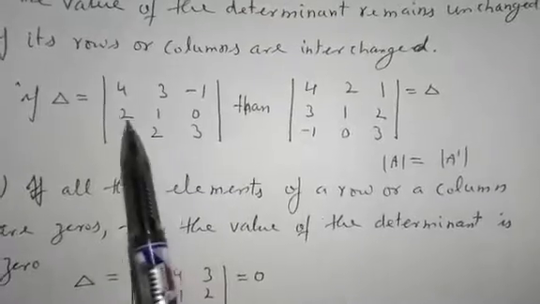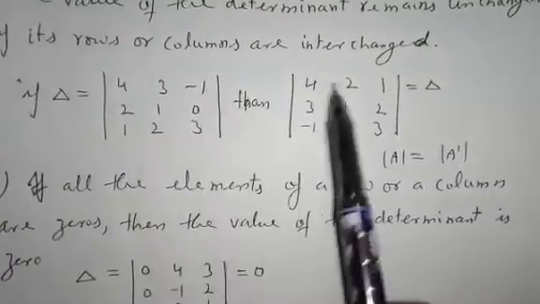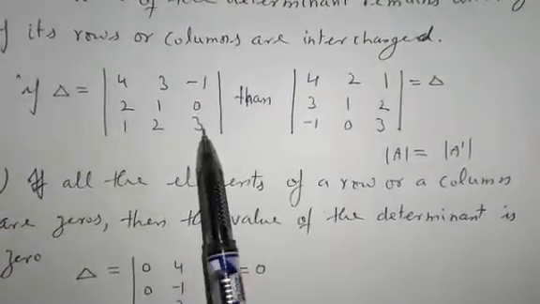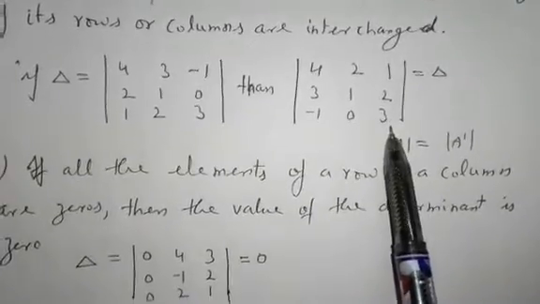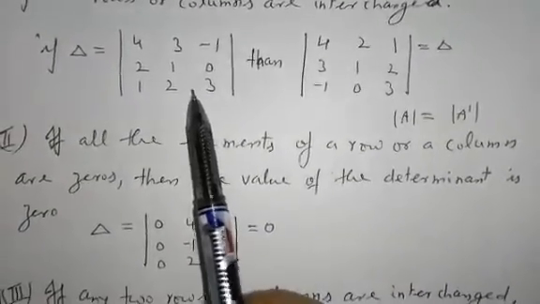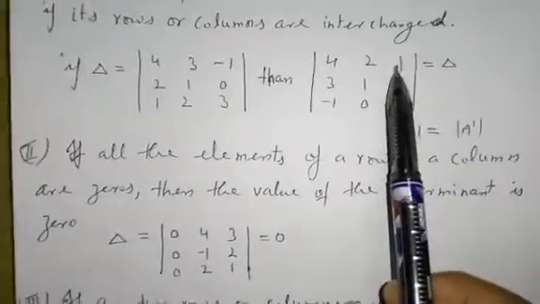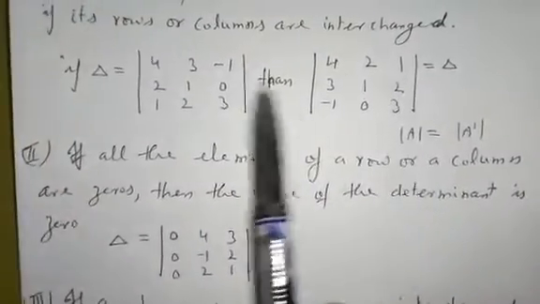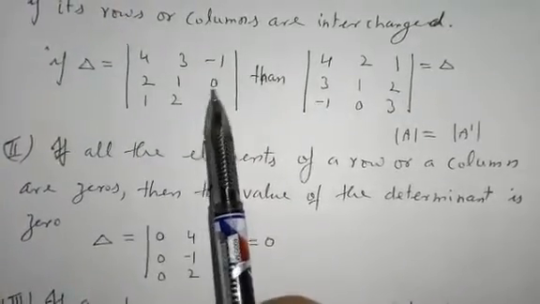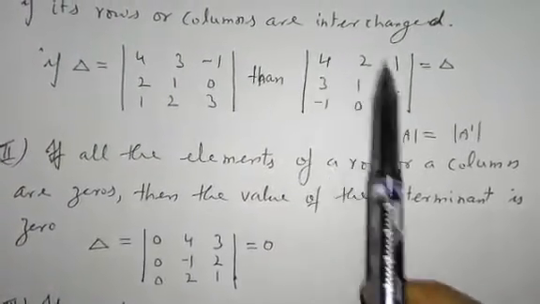Second row is now the second column. Third row is now the third column. In this way we interchange rows into columns. The value of the determinant remains the same. Whatever the value is earlier, it will be the same after changing the determinant.